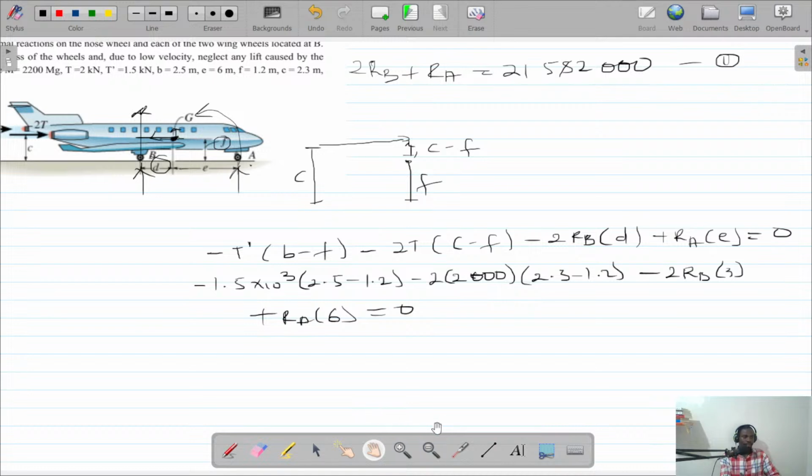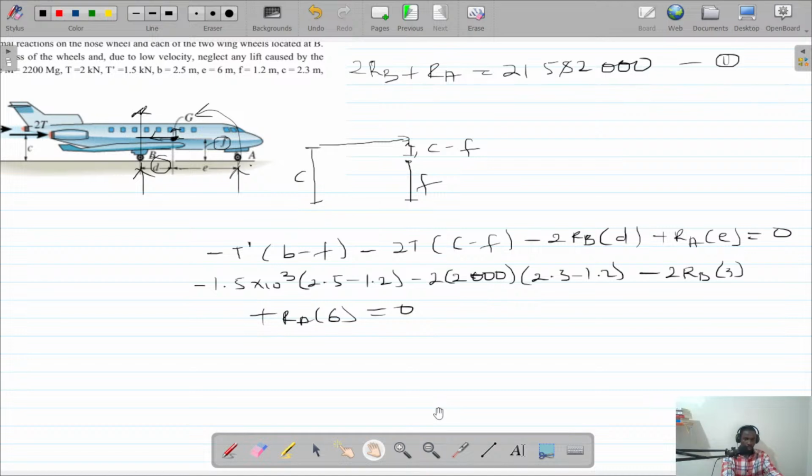Alright, so help me with the calculation, please. Verification. 1500. So minus 1500 multiplying 2.5 minus 1.2 minus 2 times 2000 multiplying 2.3 minus 1.2.